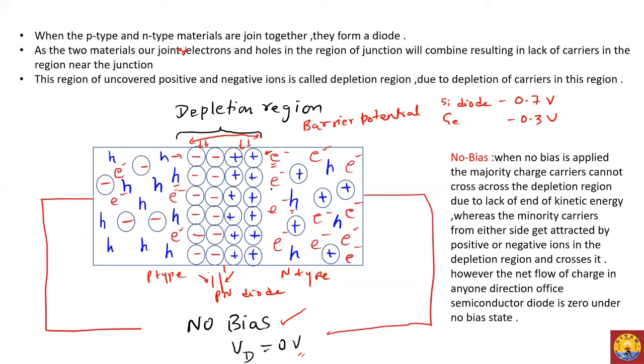But the overall flow of charge across this diode is 0. Is it clear? I will move to the next point.